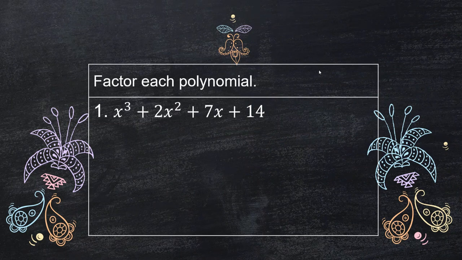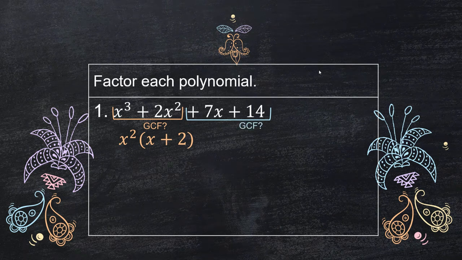So looking at number 1, we group together the first two terms and we ask ourselves, what's the greatest common factor between x cubed and 2x squared? That would be x squared. When we divide both of those terms by x squared, we would get x plus 2. Then we move on and look at the last two terms and ask ourselves, what's their greatest common factor? 7 and 14 are both divisible by 7.